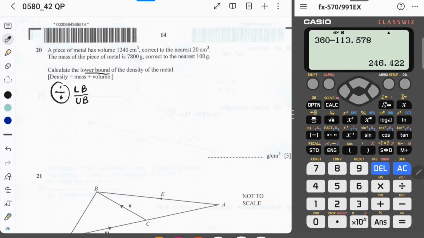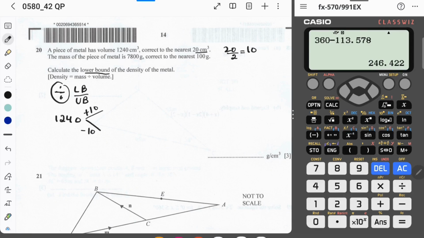All right, so first of all we have to find out the upper or lower bound, whatever the requirement is there. So 1240 cubic centimeter is corrected to nearest 20. It means 20 over 2, we make the half of it, then it will be equals to 10. If we add 10 to it, we'll get the upper bound. If we subtract 10 with it, we'll get the lower bound.